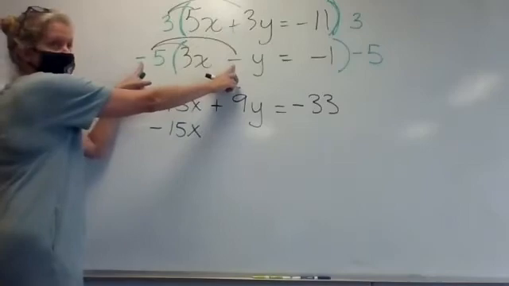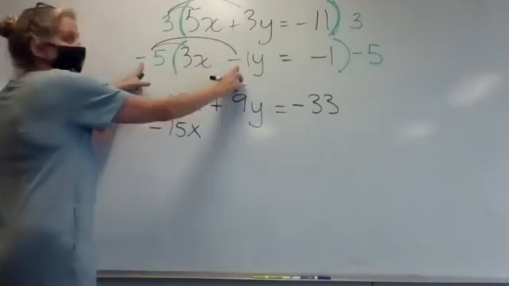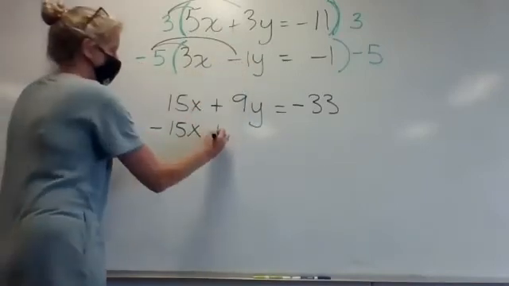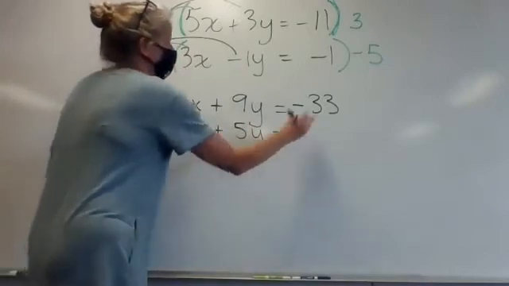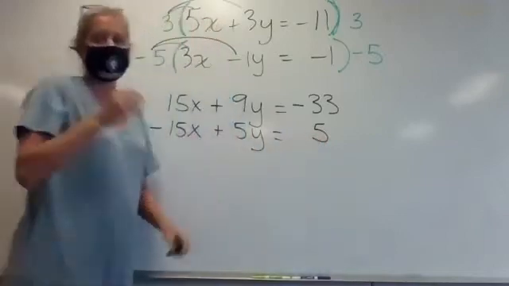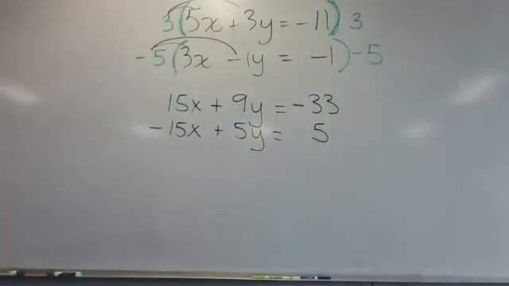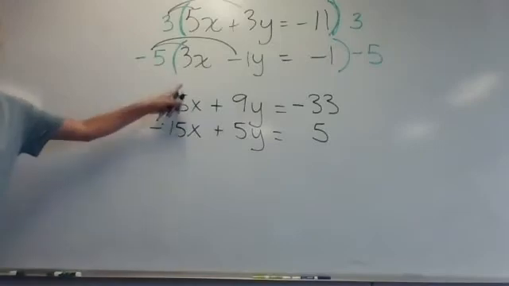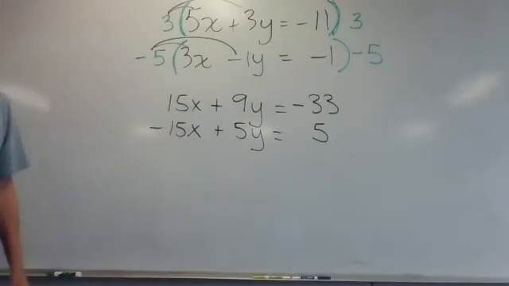Negative times negative gives me positive 5y. Equals, over here, negative times a negative gives me another positive 5. Now look at your equations. The x's will cancel each other out.